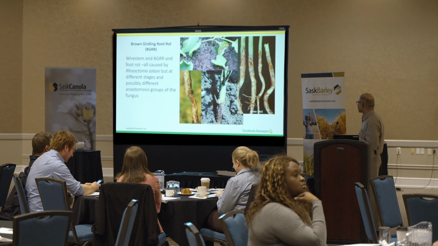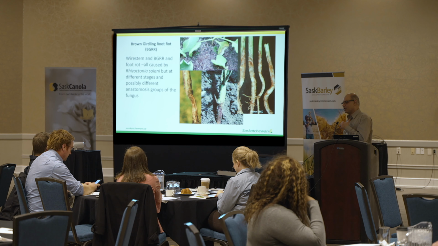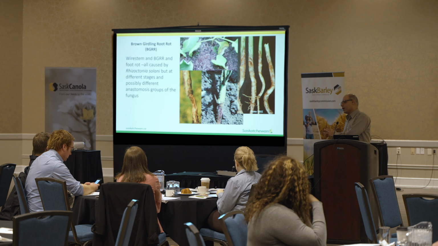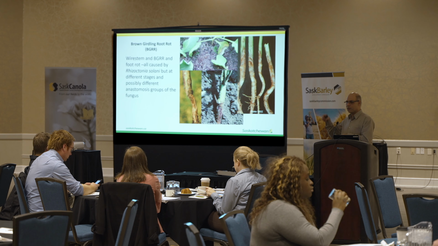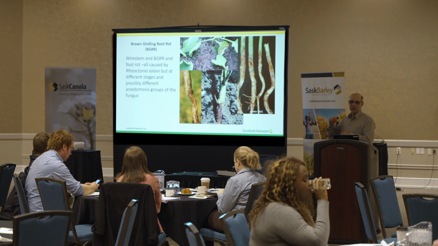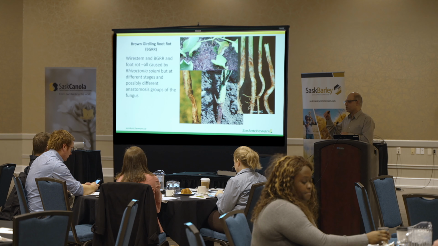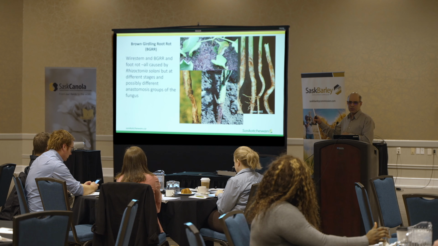So we go faster. Brown girdling root rot, I have never seen it in the survey, but producers sent samples to our lab. This is rhizoctonia. These are diamond-shaped lesions on the crowns, or round lesions. And usually we isolate both rhizoctonia and fusarium out of it.